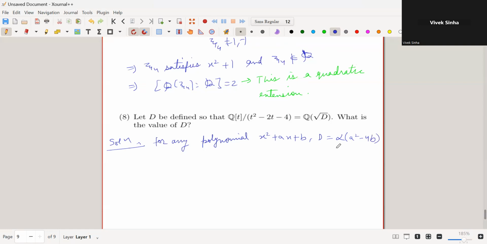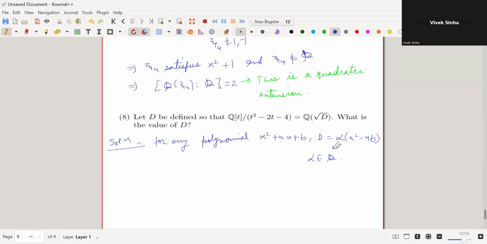Okay, so this is the discriminant, as we used to write for ax square plus bx plus c, it is b square minus 4ac, right? So similarly for this polynomial, this is a square minus 4b, and any alpha belonging to Q, any multiple of it will also work, because this won't create a problem in the field extension.